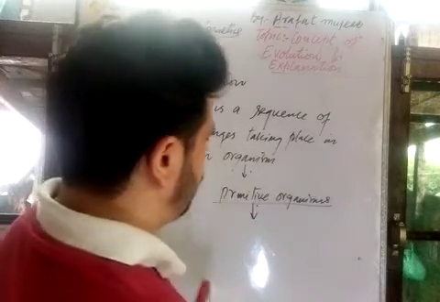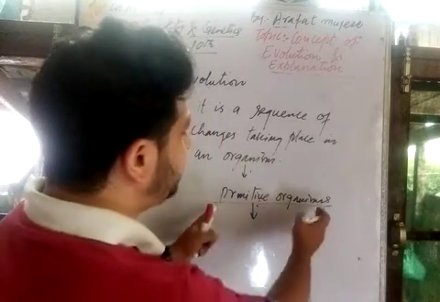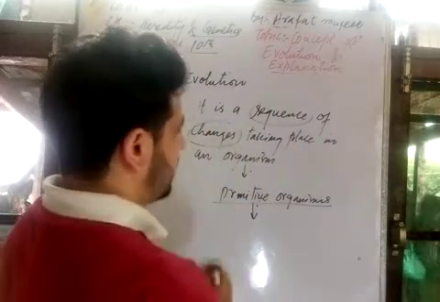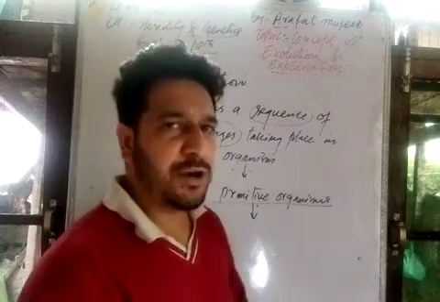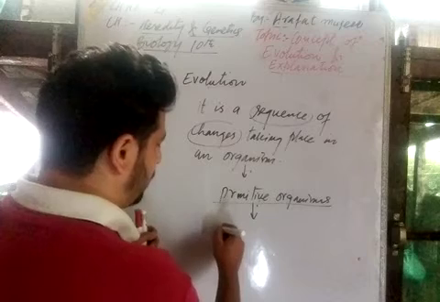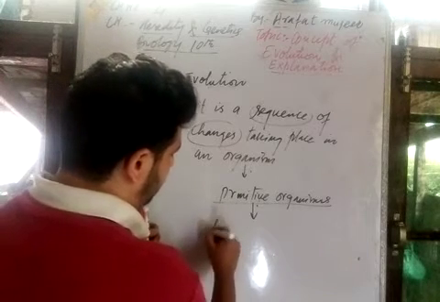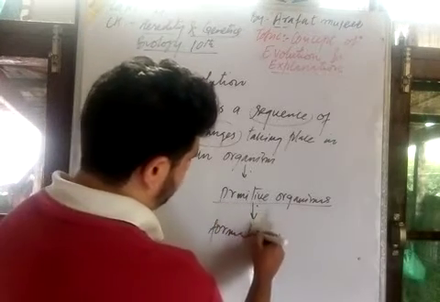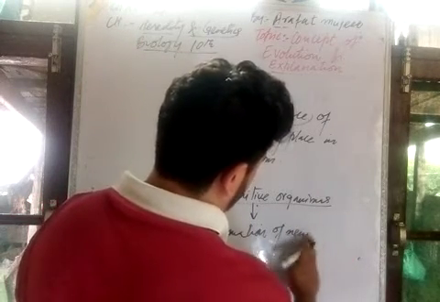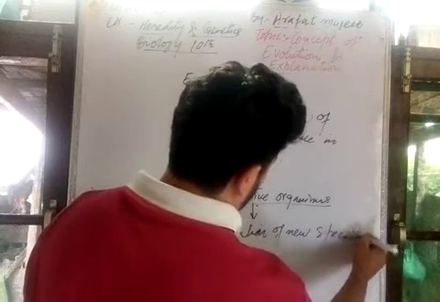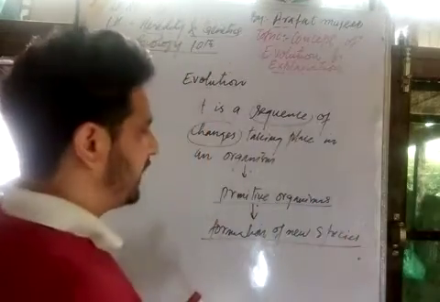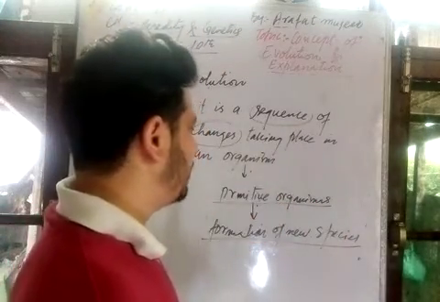When in primitive organisms there are sequential changes with a period of time, then there is formation of new species. वो वहां क्या है, एक न्यू स्पीशीज जो होती है वो एग्जिस्ट होती है by the primitive organism.